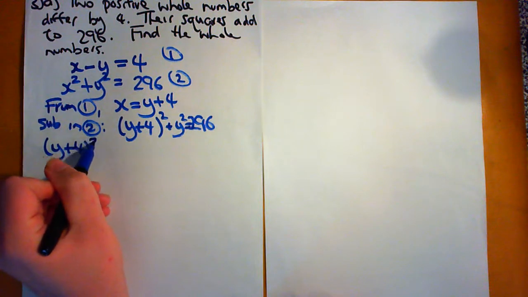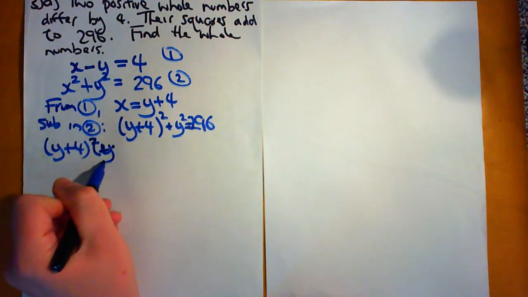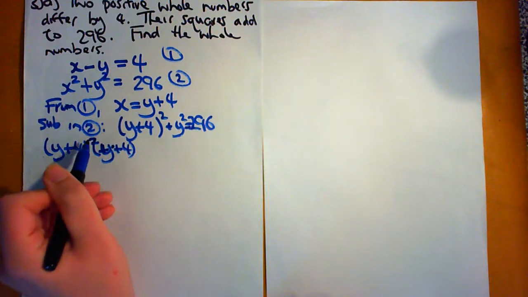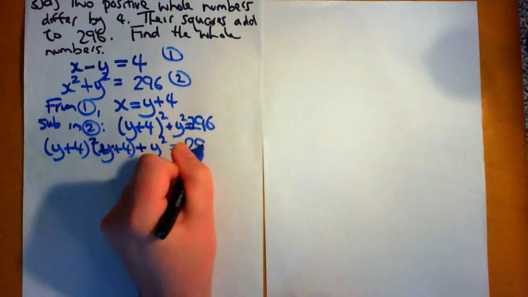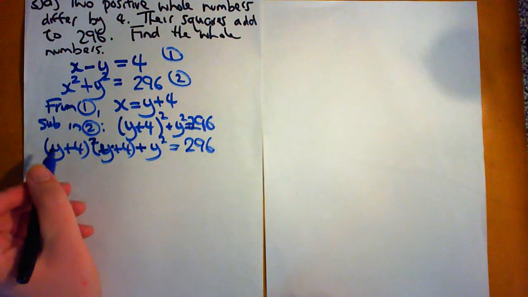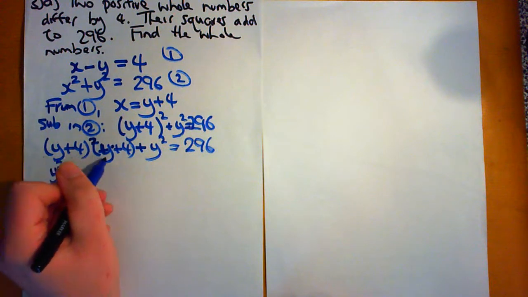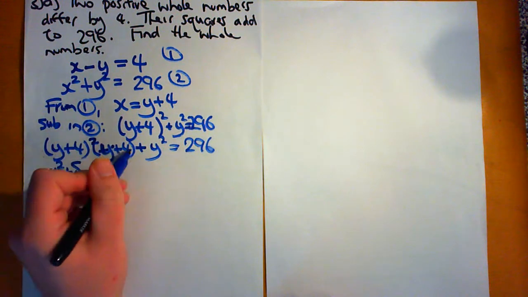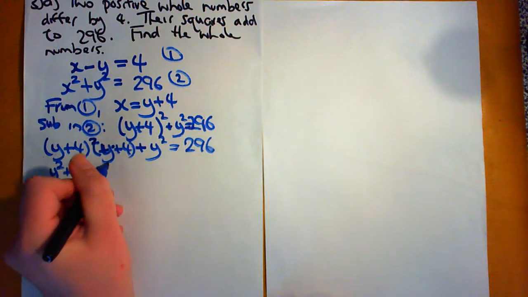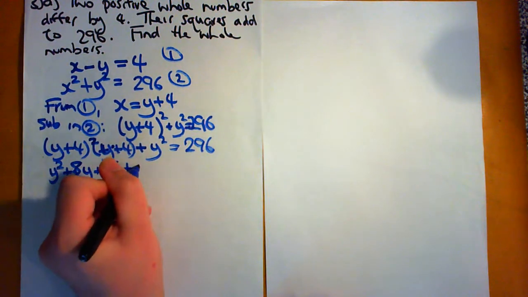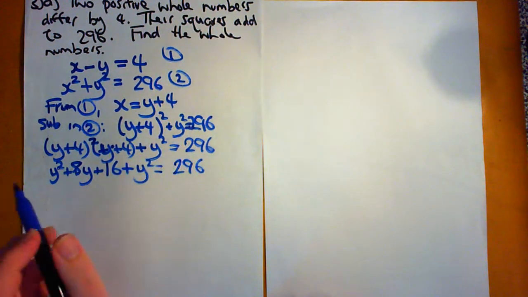So y plus 4 squared plus y squared equals 296. If we expand that out, we'll get y plus 4 times y plus 4 plus y squared equals 296. Y times y is y squared, plus 4 times y, another 4 times y, gives you 8y, plus 4 times 4 is 16, plus y squared equals 296.